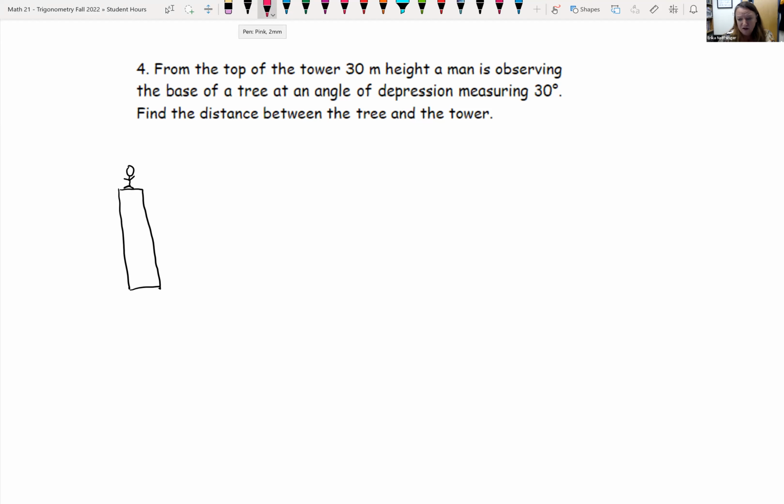So when it says angle of depression or angle of elevation, you always start at the horizontal. You go up for elevation, down for depression. And so I'm going down 30 degrees. He notices the tree, the base of the tree.